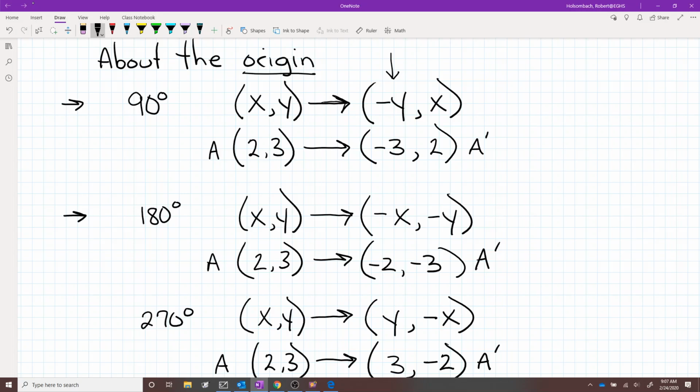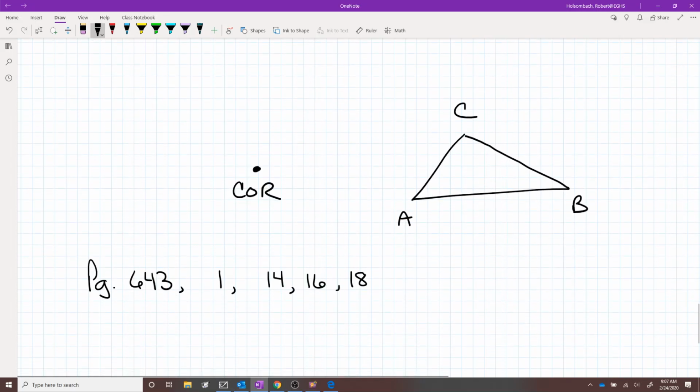And number 18 is a 270 rotation. So you're going to practice using each of these rules, okay? All of these are counterclockwise because they don't give you a direction. If they don't give you a direction, you're going counterclockwise. So just use that rule 3 different times, 3 vertices on each problem.